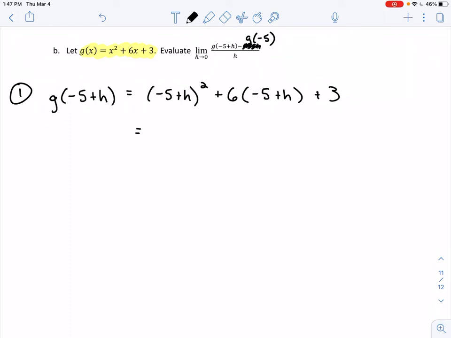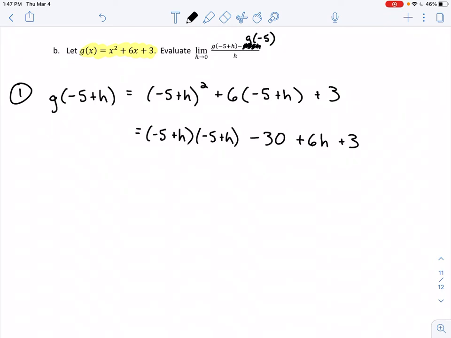So here for this problem, let's see, to square something means to multiply it by itself. So this really means negative 5 plus h times negative 5 plus h. I'll have to FOIL that out, but I'll do that in the next step. 6 times negative 5, that's negative 30 plus 6h plus 3.